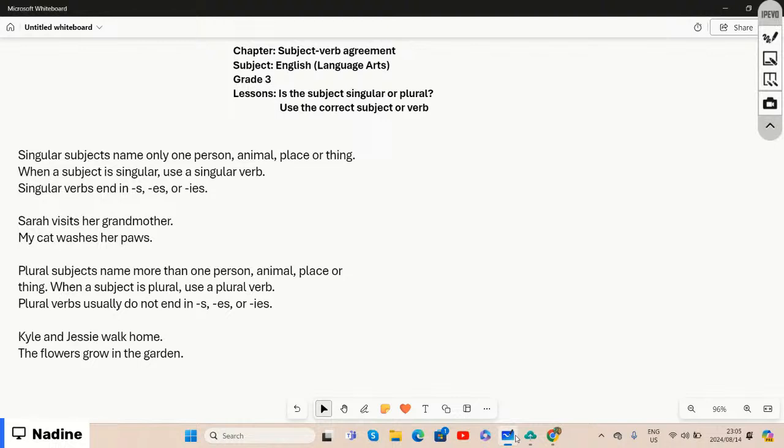All right. So when it comes to subject-verb agreement, the subject needs to agree with the verb.